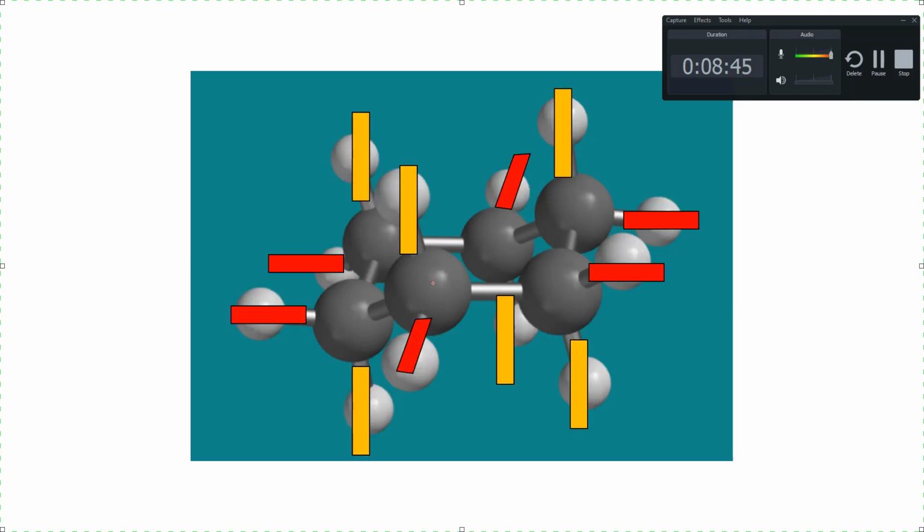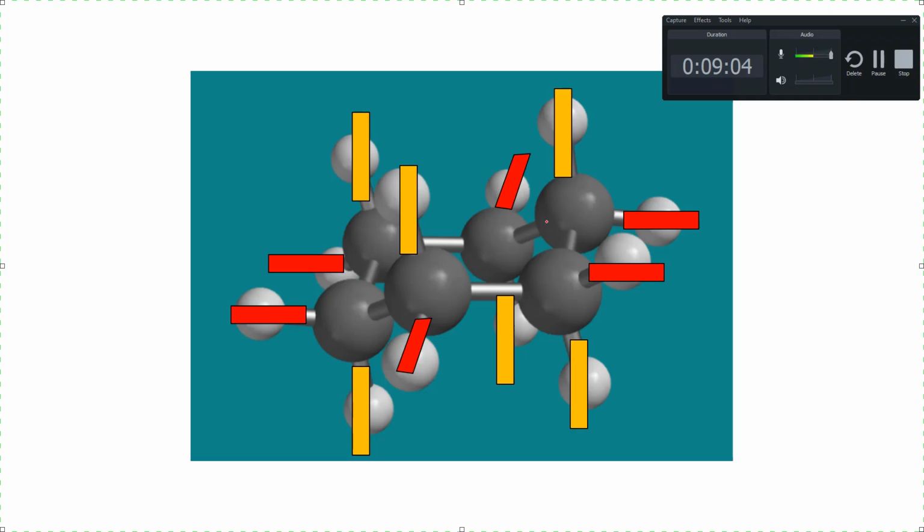If we look at those positions, though, there are some positions that are roughly perpendicular to the ring, and those are the yellow positions here that are vertical. And then there are hydrogen positions that are roughly parallel to the ring, and those are here in red.